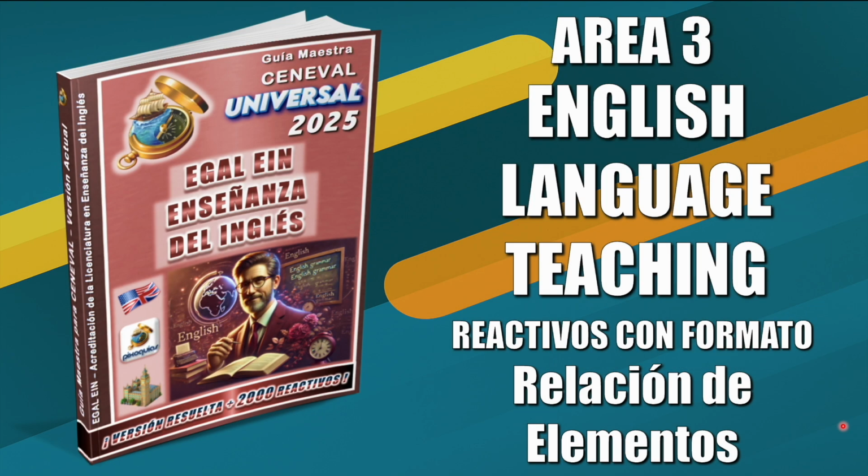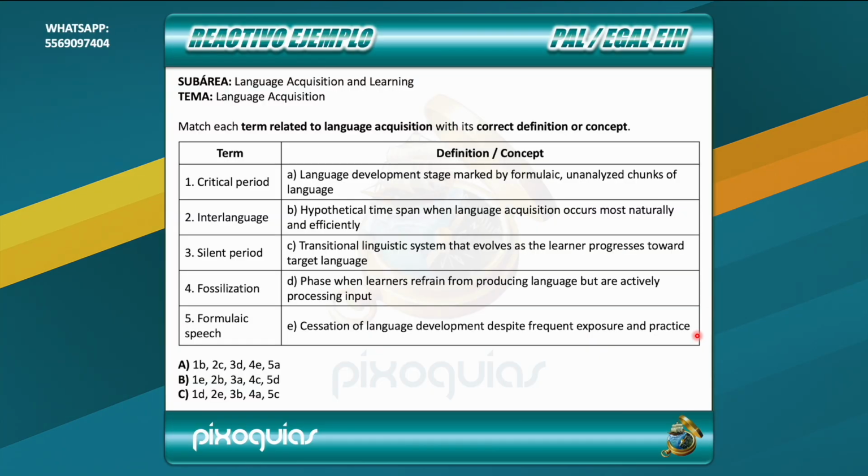And finally, let's review the examples of exercises of the matching format of Area 3, English Language Teaching. Okay, we are going to review 5 exercises, and after those exercises we are going to add the exercises that we reviewed in our original video of EGAL EIN in 2021 with Ekaterina.